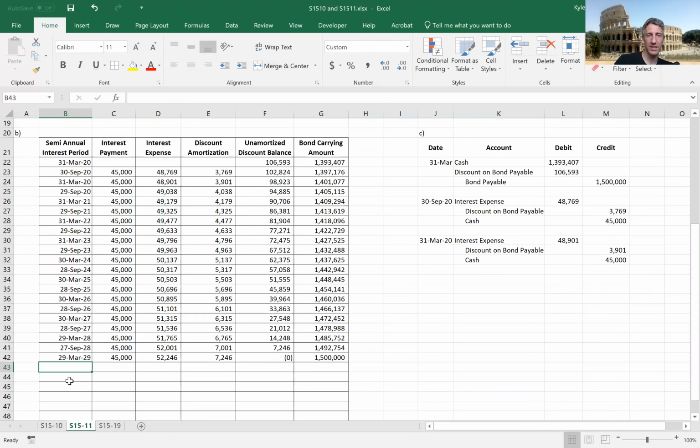So 10 years later, we can see that because we amortized the discount, the unamortized amount reduces to 0, and the full carrying value of the bond at the end of the 10 years is $1.5 million. And that's going to be the amount that this corporation will be paying to its lenders because that was the face value of the bond, even though they only received $1.3 million in cash when it was originally issued.